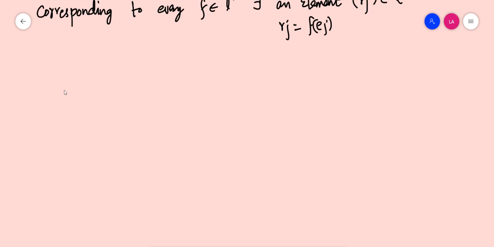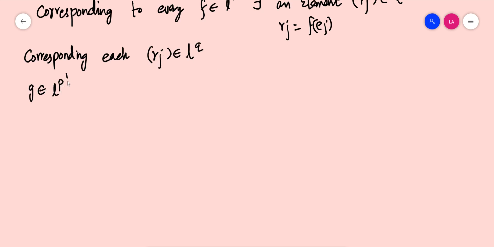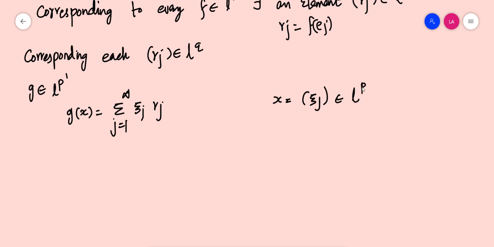Now, conversely, corresponding to each sequence gamma j belonging to LQ, we can define a linear functional g which belongs to LP dash as g of x equal to the summation over j from 1 to infinity of theta j times gamma j, where x is the sequence theta j, which is an element in LP.